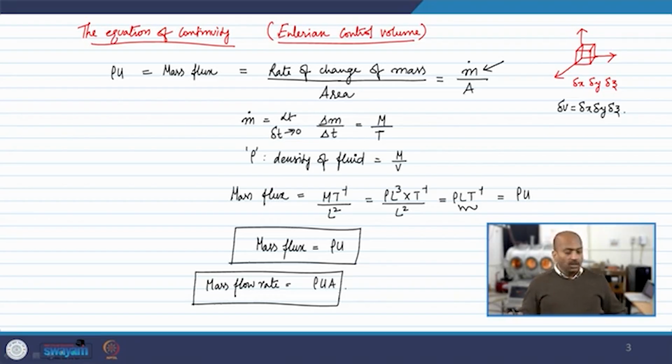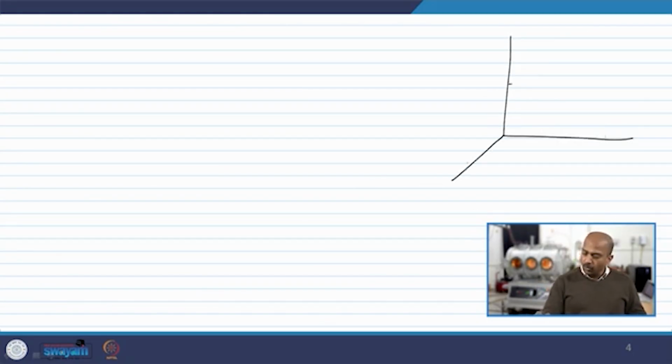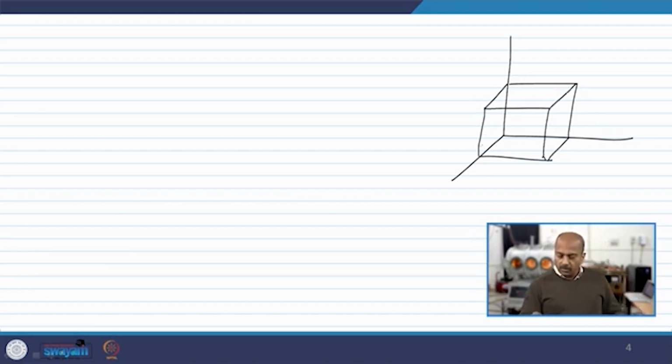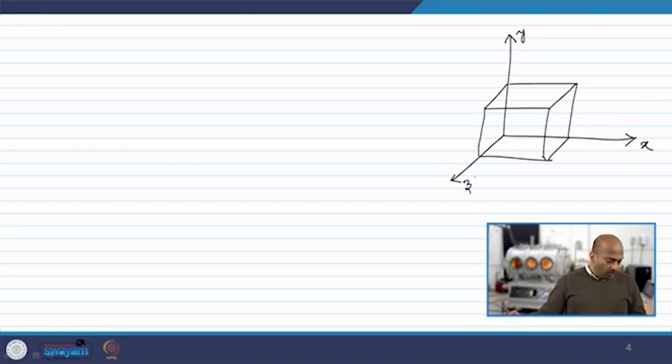Now, let us consider the control volume and then try to use these concepts in order to understand or to derive the equation of continuity. For this purpose, we will take a three-dimensional infinitesimally small volume, and this is the volume that we have taken. This is x, this is y and this z is coming out of the picture.